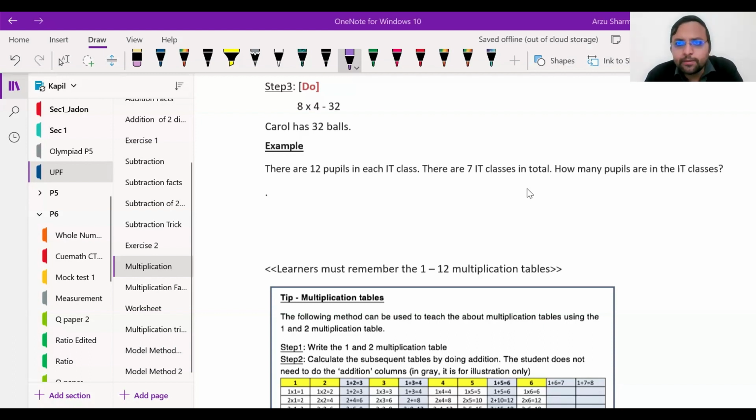Sharanya, Karthik. So it's simply 12 times 7. And we know that 12 times 7 is 84.